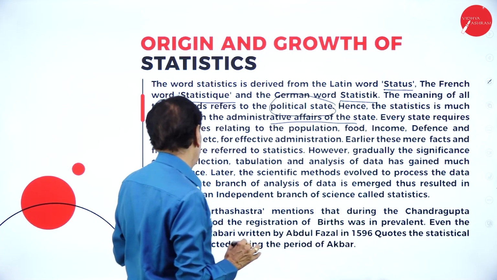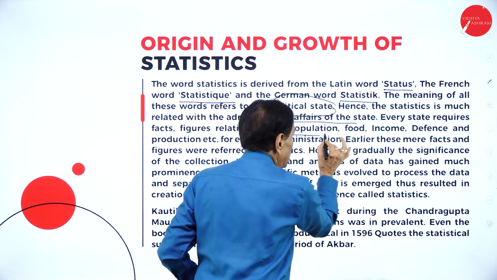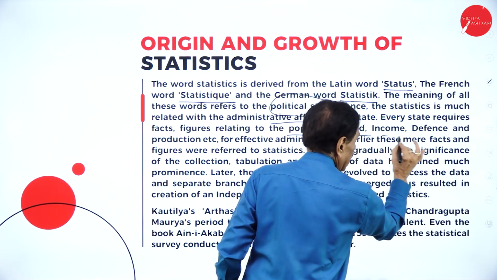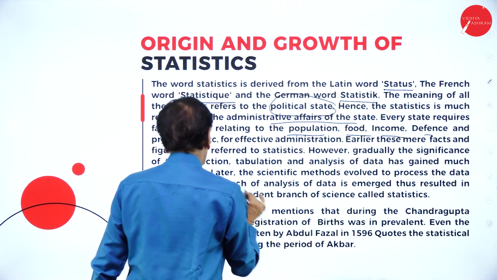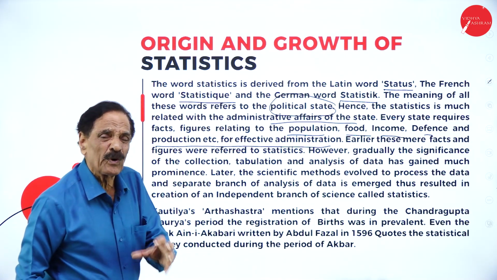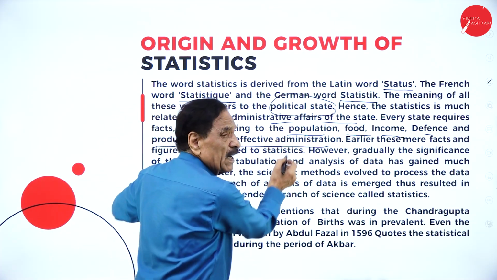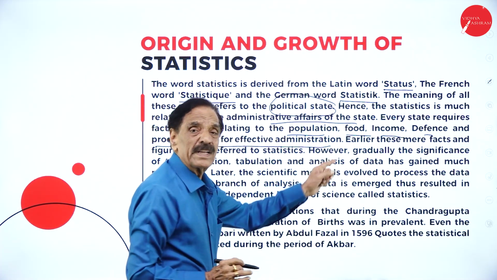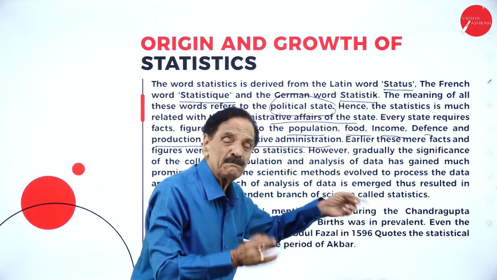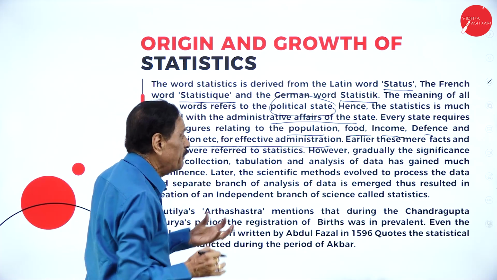Every state requires facts and figures relating to population, food, income, defense, and production, etc., for effective administration. So every government gives importance to population, food, income, defense, and production for effective administration.